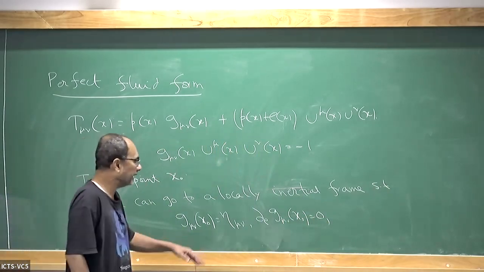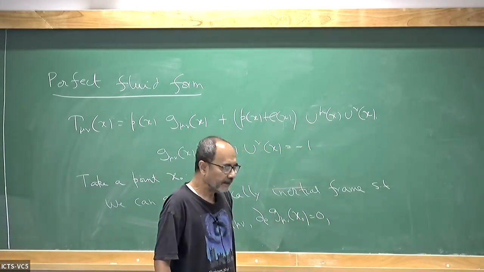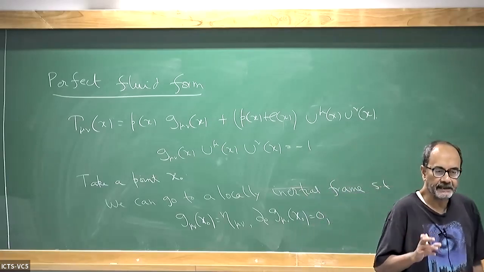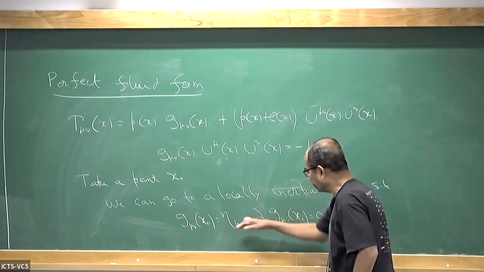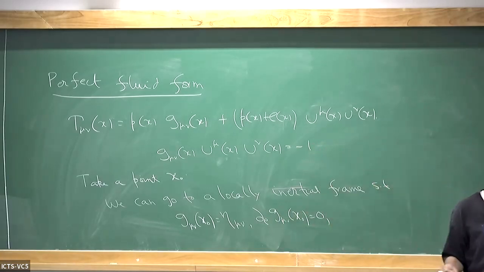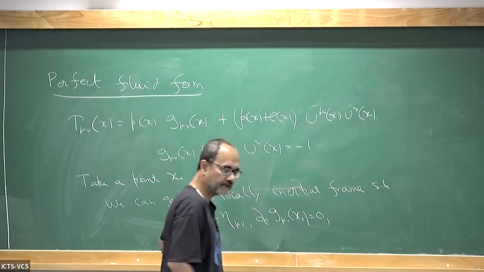So in this local inertial frame, u mu will go to some vector. But we had seen in the GR course that even after you have demanded this, right, you are still left with some additional coordinate transformation at x naught, and that is Lorentz rotation. Right? You can make a Lorentz transformation at x naught. Right? That doesn't change either of these conditions.